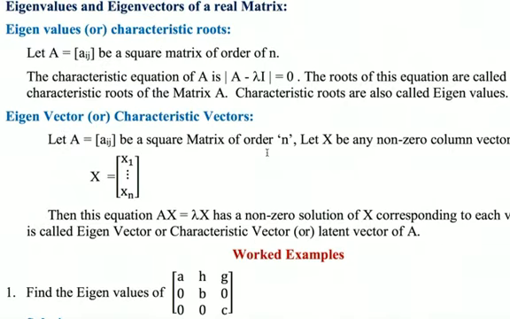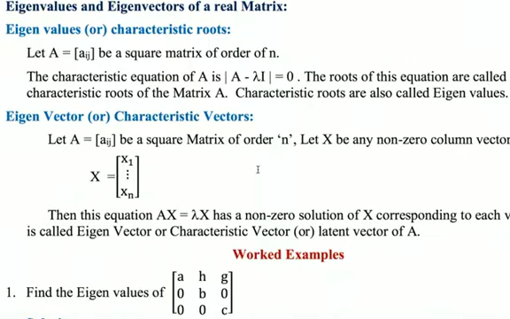What is an eigenvector or characteristic vector then? Let A be a square matrix of order n. Let X be any non-zero column vector x1 to xn. Then the equation Ax equal to lambda x has a non-zero solution of x corresponding to each value of lambda.